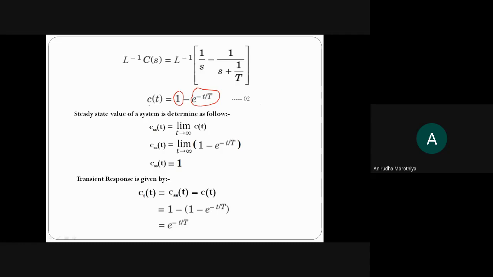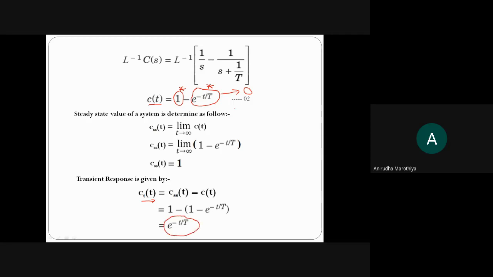And I told you that time response is a combination of the steady state response and the transient response of the control system. I also told you that the system is said to be stable if the transient response of that particular system vanishes over a specific duration of time. So if you put t tends to infinity, this term must be 0. If we calculate the value of this transient response by taking limit t tends to infinity, this term is going to be 0.